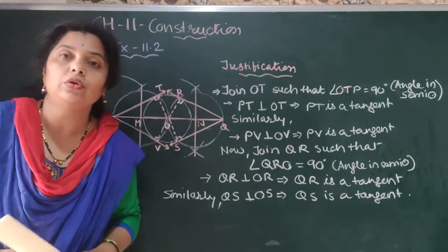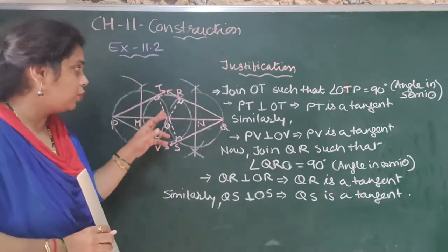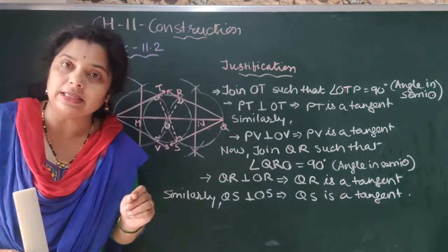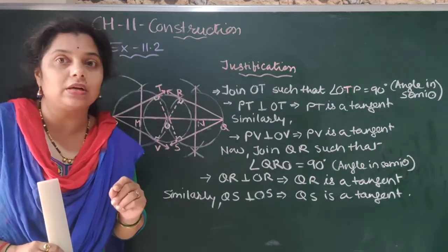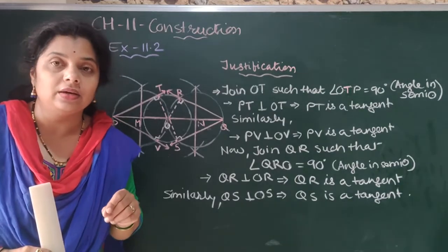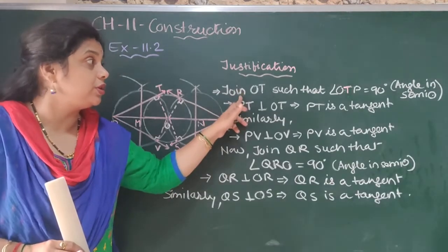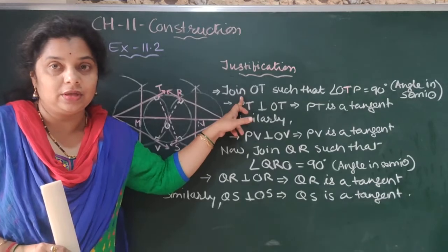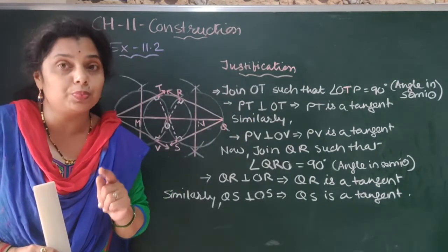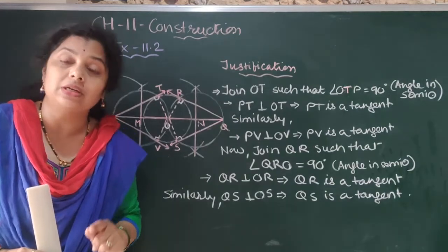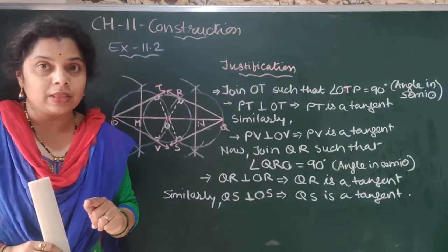See, one thing I want to tell you, as we know, any tangent with the radius of the circle is always at 90 degrees. But in the justification we should not write that, because in the justification we have to prove that we have constructed tangents.